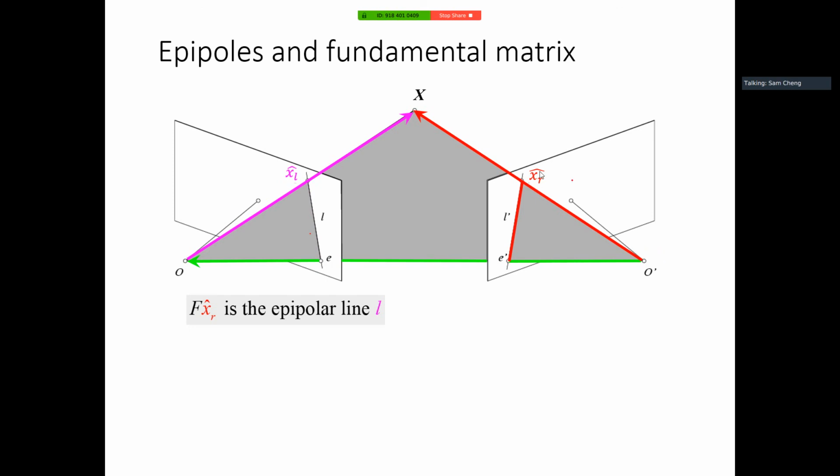If we start with two scenes here, we know the fundamental matrix F that was given earlier, which is related to the essential matrix, basically K.